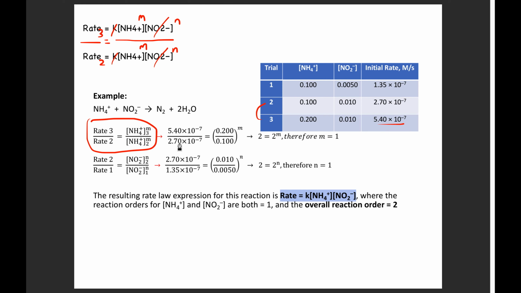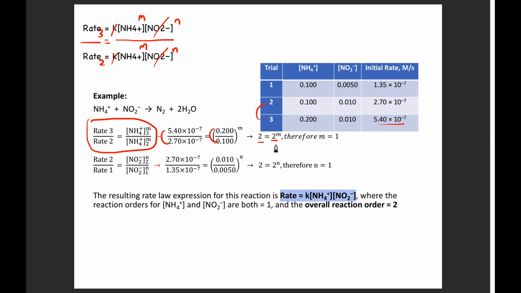The rate for trial 2, plug it in. And then the concentrations of ammonium, because the nitrite's canceled, plug them in. So look what happens. This divided by this equals 2, which equals that. This divided by this equals 2, which is that 2 right there. So 2 is equal to 2 to the mth power. So to make this true, what does m have to be?